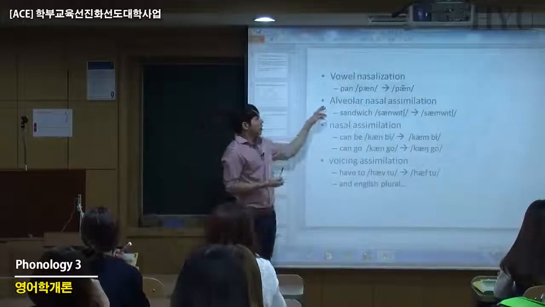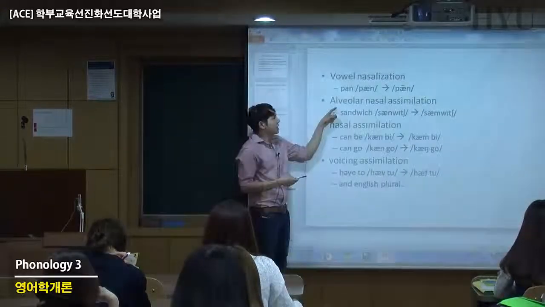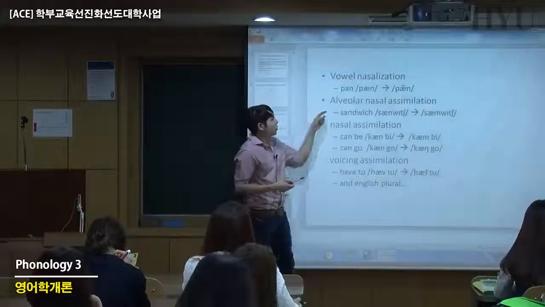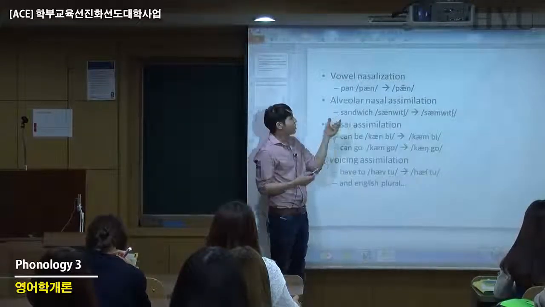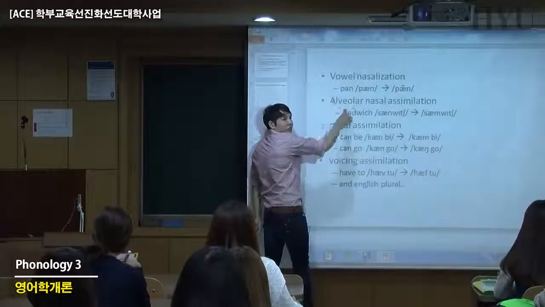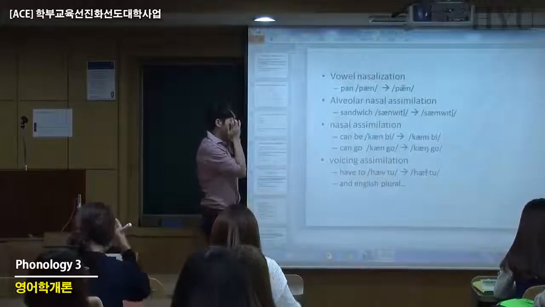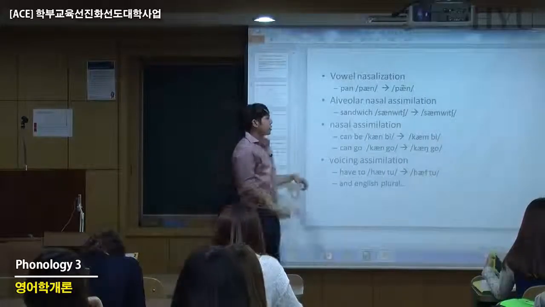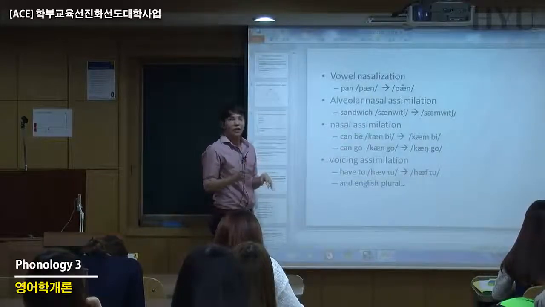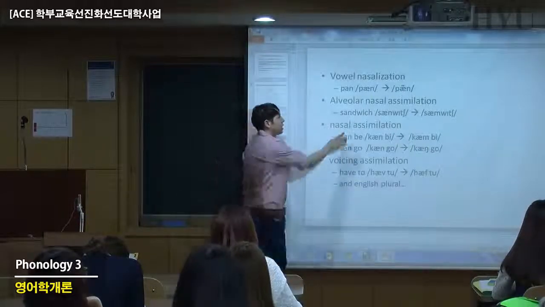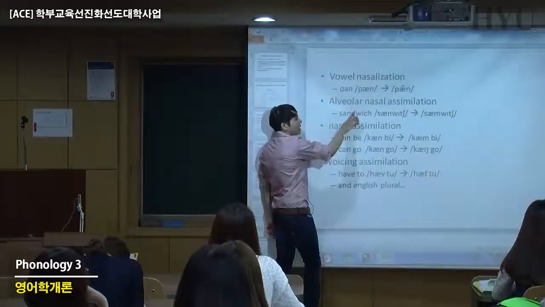And the second one is alveolar nasal assimilation, okay? In this case, you change the alveolar sound into a nasal sound because of the sound next to it. Take the word sandwich, for example. In fast, regular speech, the D is often deleted. So the D is gone.